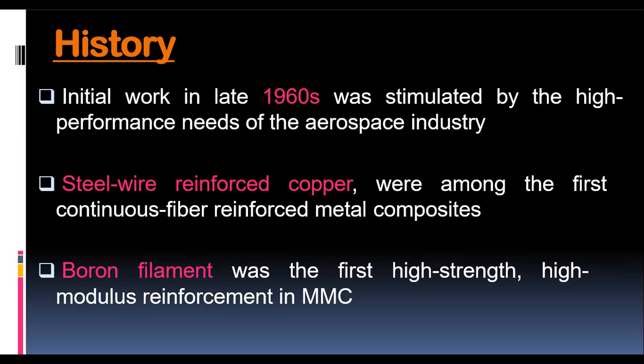So we have seen the history also. So what is the initial work done on the metal matrix composites? It started in the early 1960s, which was stimulated by the high performance needs of the aerospace industry.